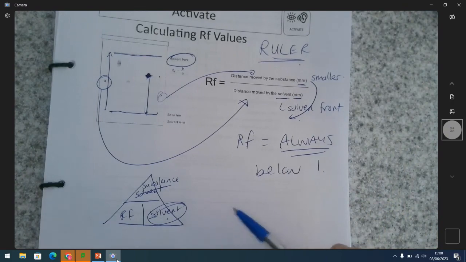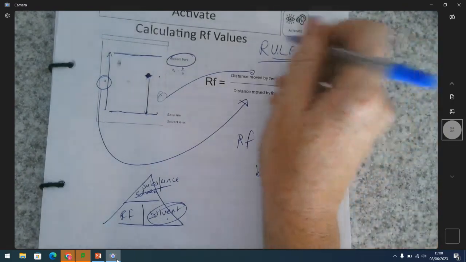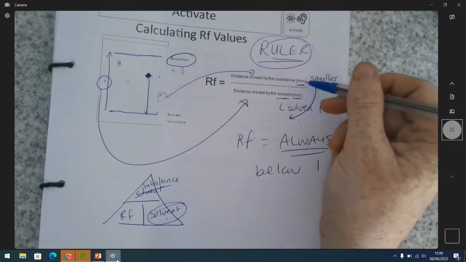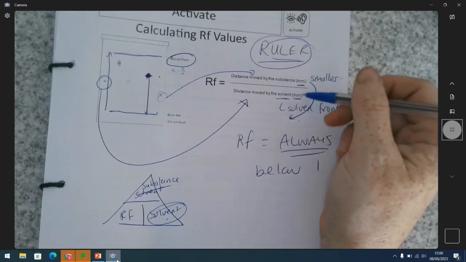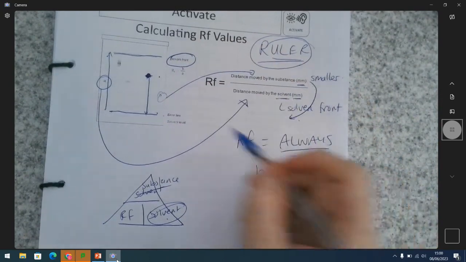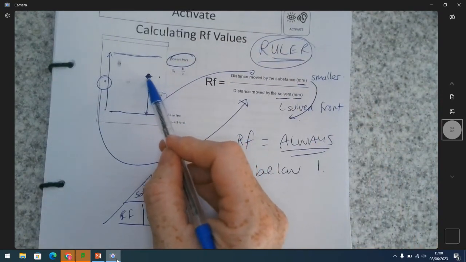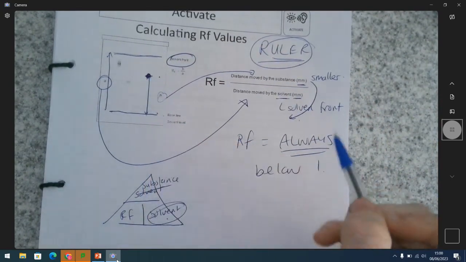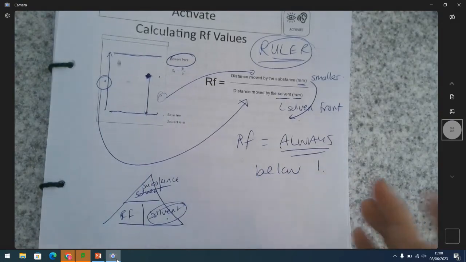It's relatively straightforward. But the key is having a ruler. The key is making sure we know that the smaller number goes on top and we're dividing it by the bigger number, which is the solvent front. You want to measure up to the middle part of the dot, and remember that the RF value is always below 1. So we'll look at some examples of this.